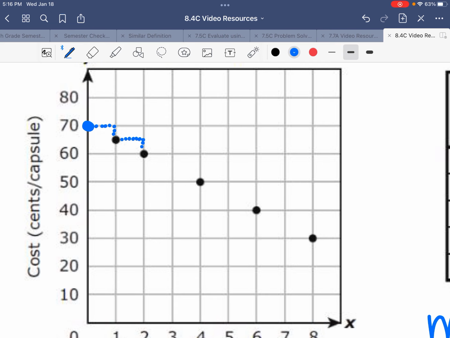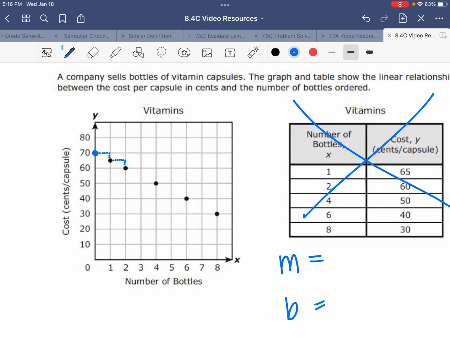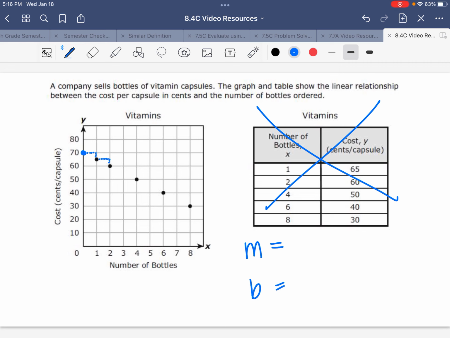And that puts my y-intercept right at 70. Right at 70 cents, which I'm going to leave as 70 because the unit is cost in cents. And what that means is when I have ordered 0 bottles, it still costs me 70 cents. That is that initial value.